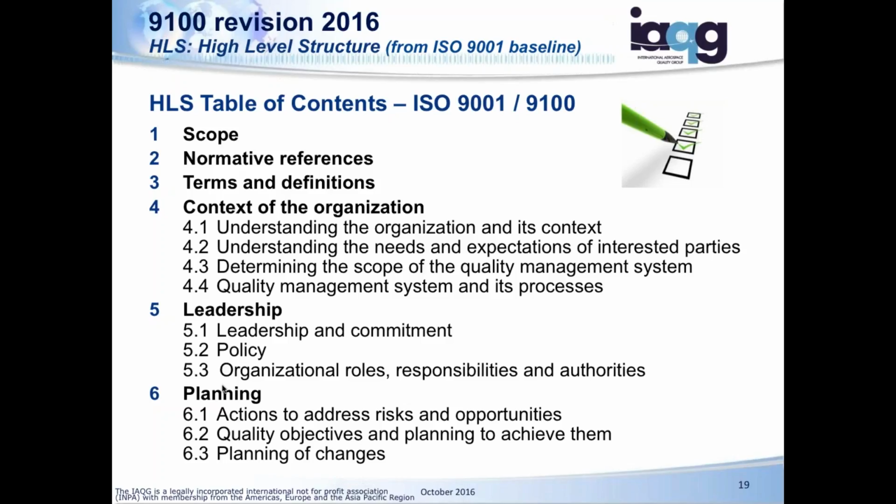Also within there, ISO has removed the requirement for a quality manual. We have a requirement in 9100 for a high-level document that defines many of these aspects within Section 4, like we have today.